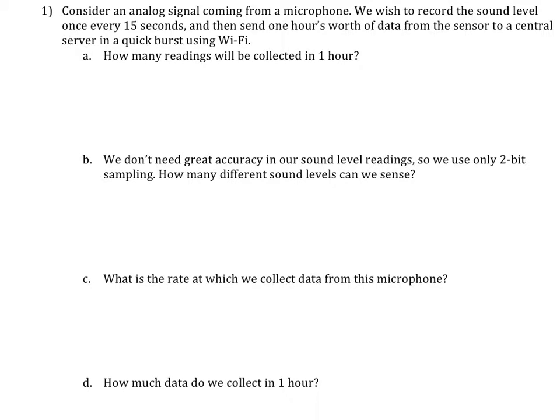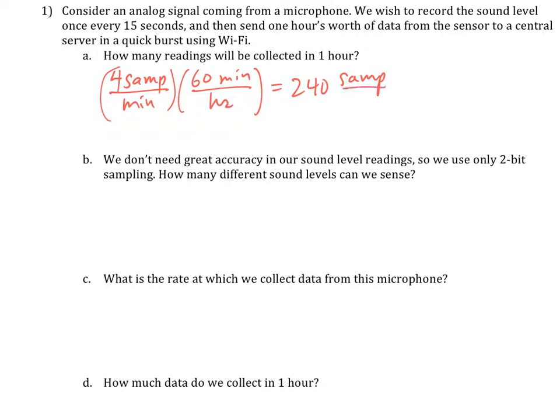We can say, look, 4 samples per minute times 60 minutes per hour is equal to 240 samples per hour. And we get the 4 samples per minute from the 15 seconds. How do we use the 15 seconds directly to get this result? So we did this one kind of in our head.